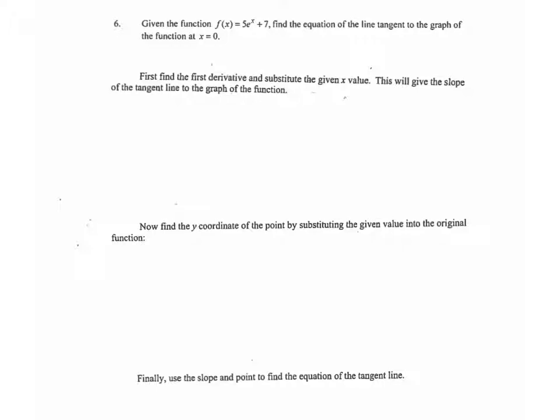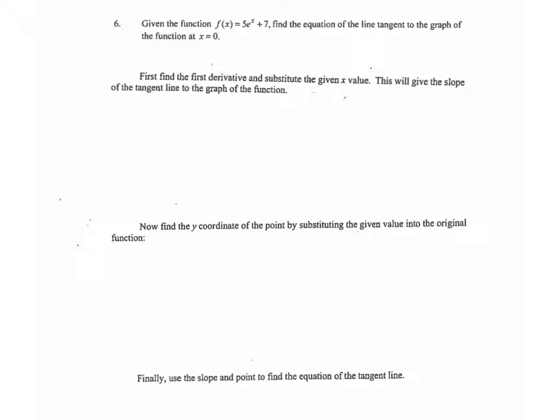In order to get the equation of a tangent line, you told me a minute ago when we were reviewing, what do we need to find? We've got two important pieces of information we need. One thing we need to find is slope. How do I find the slope function for this equation?